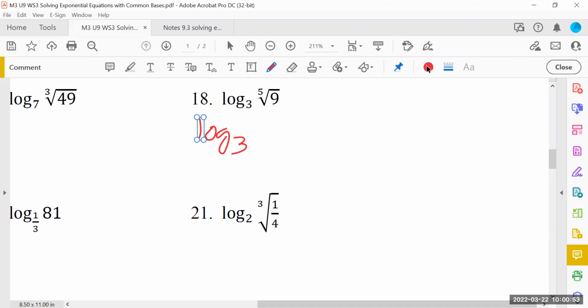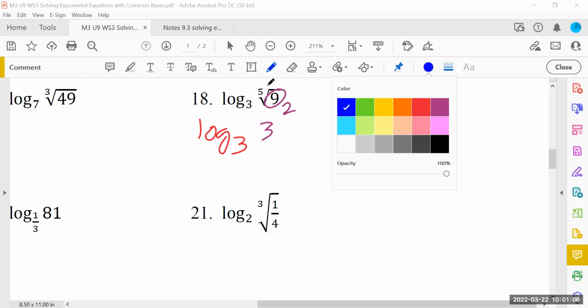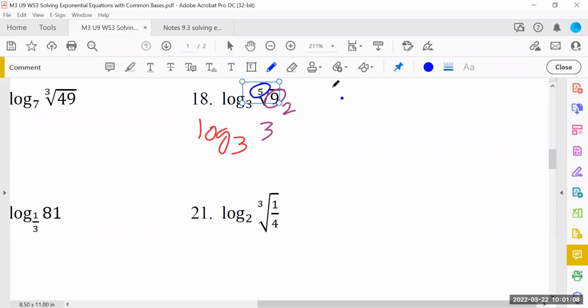Is everybody good with 9 being 3 squared, right? So 3 to the second power. But the fifth root right here would mean that on the bottom of that 2, I'm dividing by 5 as my exponent, right? 2 over 5.